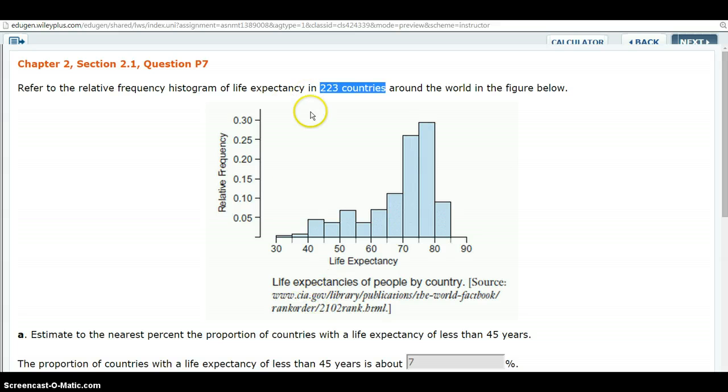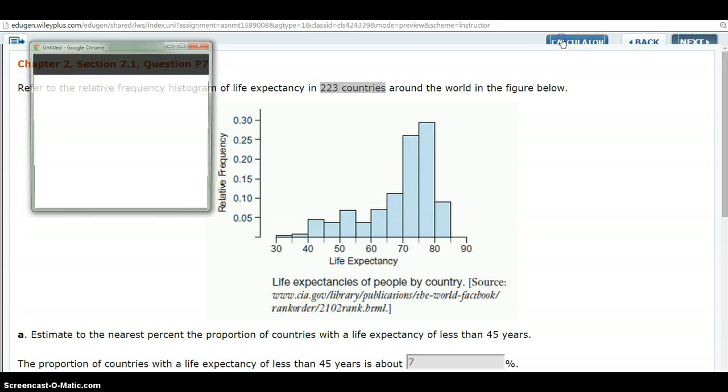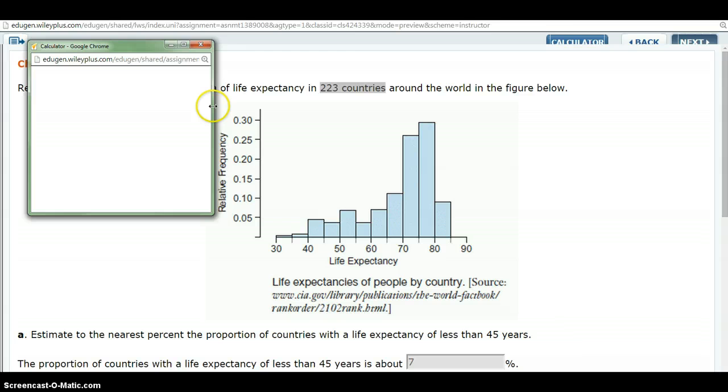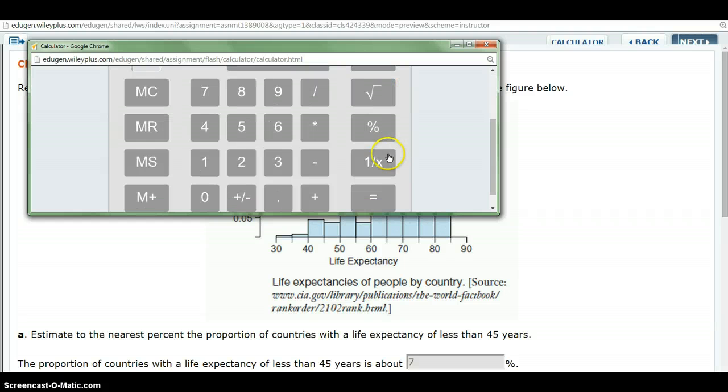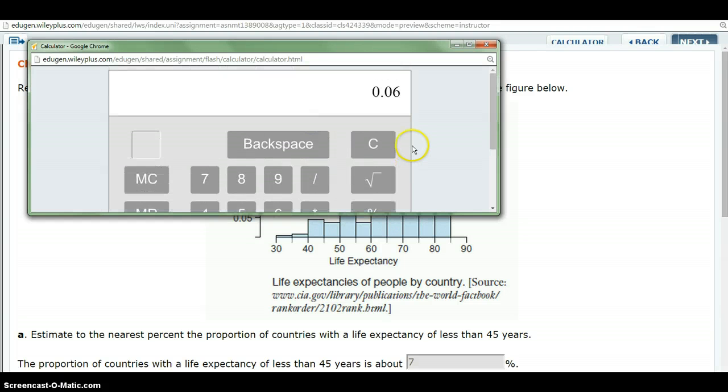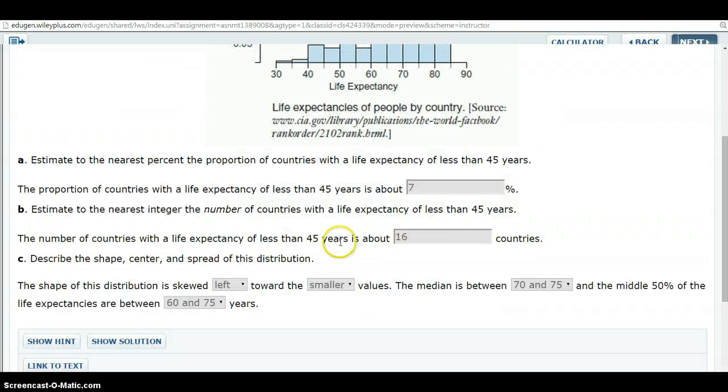So if I take 6% of that, let's grab this calculator here, 6% of 223, I would get 0.06 times, I guess I could have used my times button on the computer, which I didn't, and I'd get 13.38.